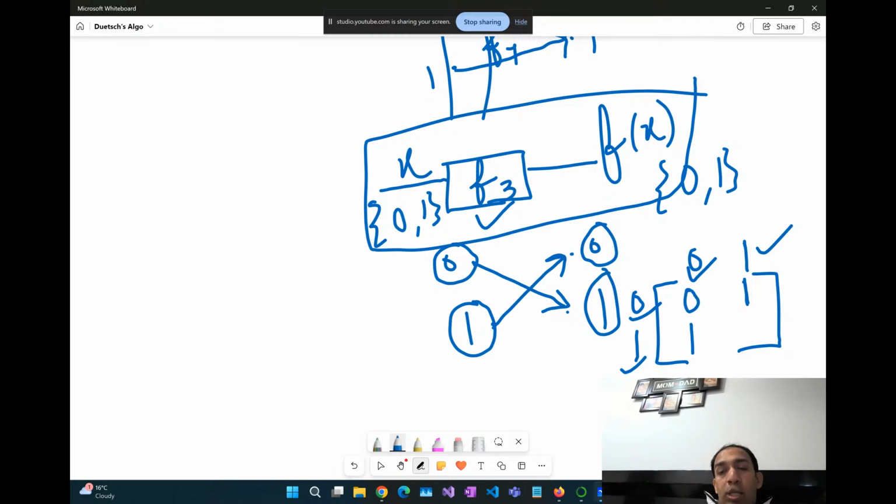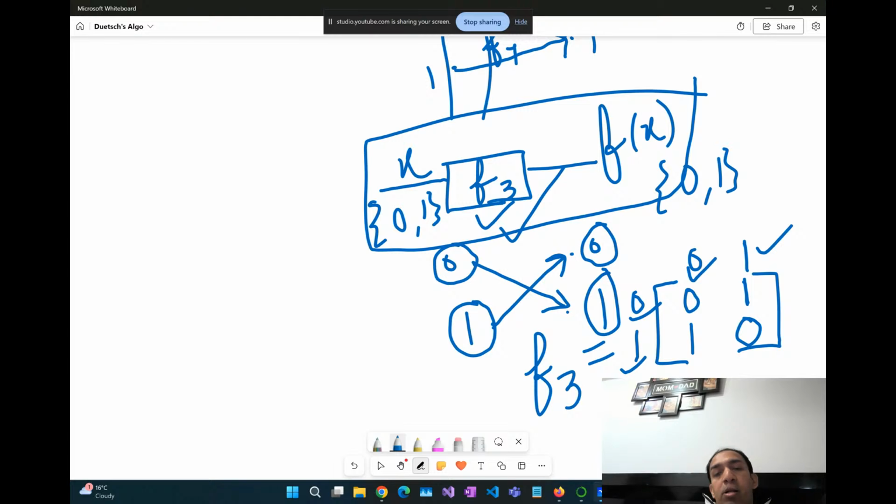And of course, the rest of the values are 0. So this matrix is basically representing the functionality of this function 3. So in a nutshell, I can represent it using this matrix.